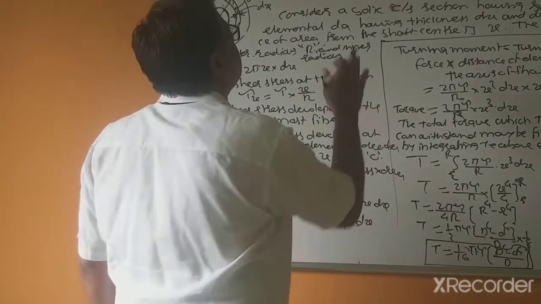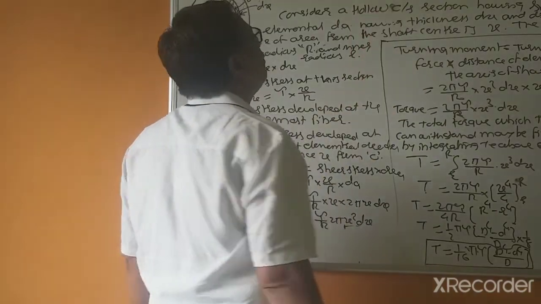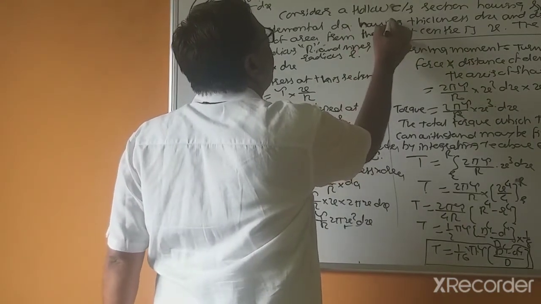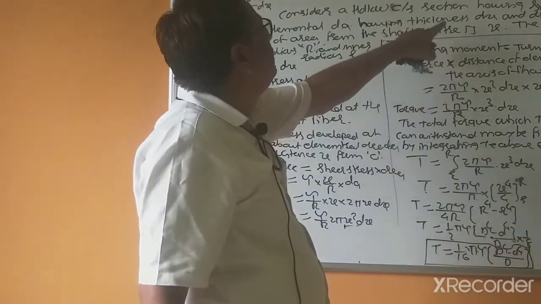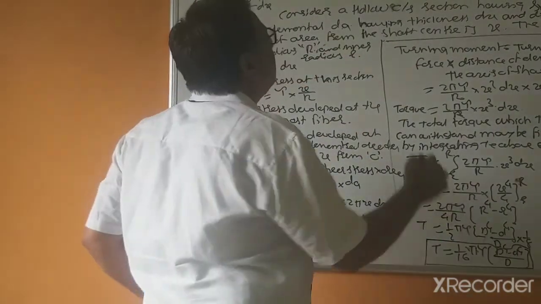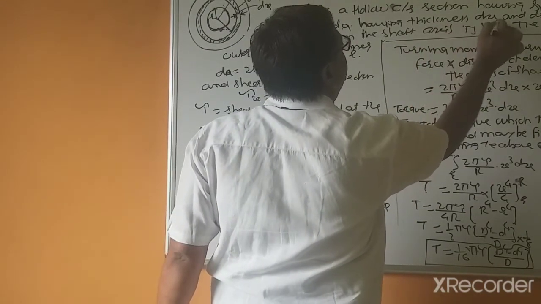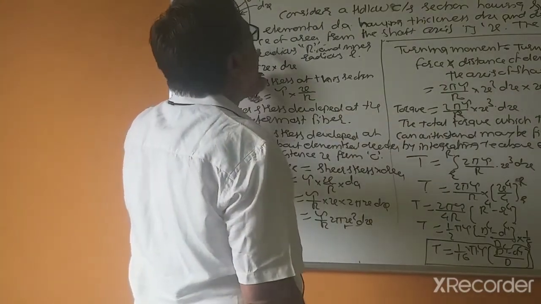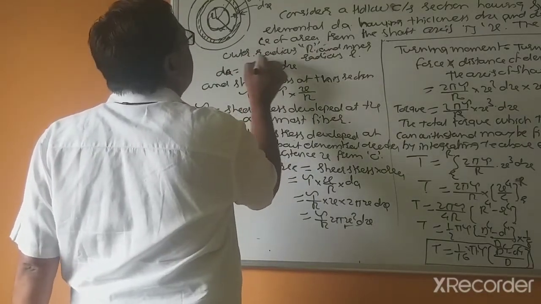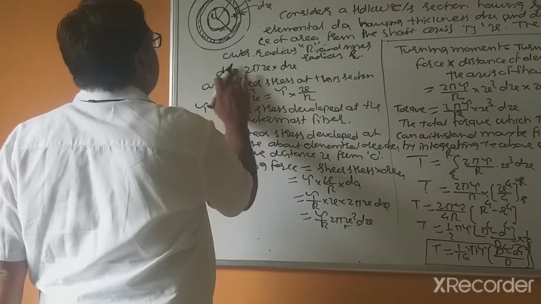Consider a solid. So instead of the solid, this is hollow cross section having a small elemental area, having thickness dx and distance of area from the shaft center, or shaft axis, is x, the shaft outer radius R and inner radius small r, dA equal to.